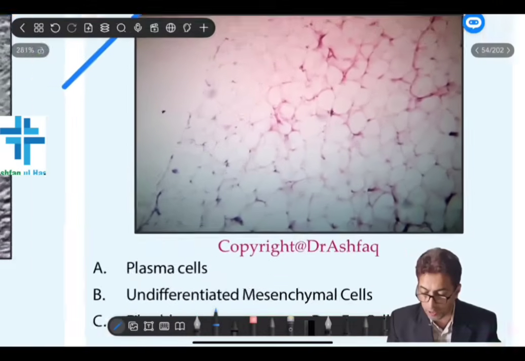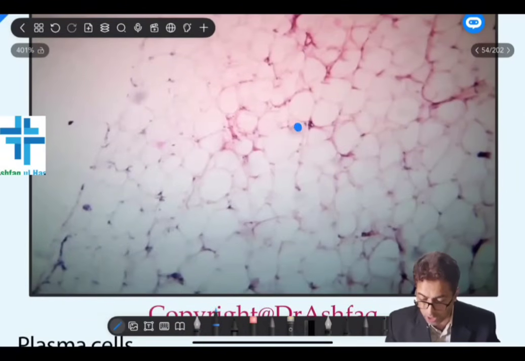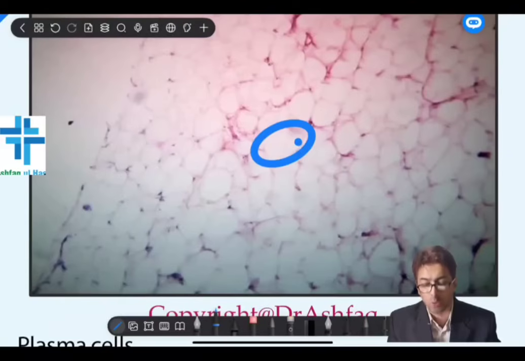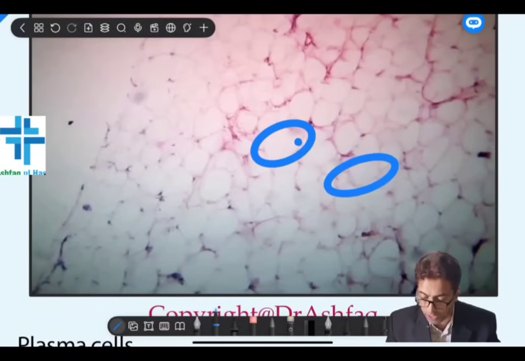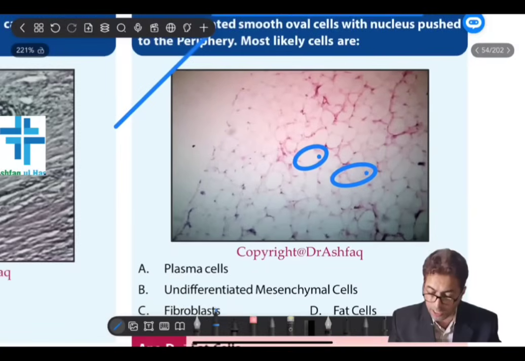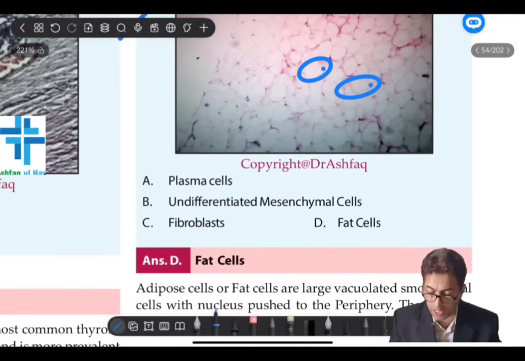Over here, you can have a look at the cells. You can see a large oval cell, and usually you can see that the nucleus has been pushed towards the periphery, and you have multiple cells in that form. Now you have to identify what type of cells these are.